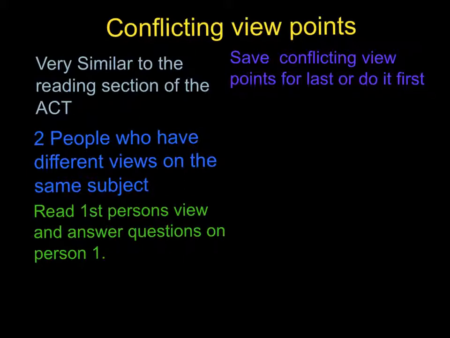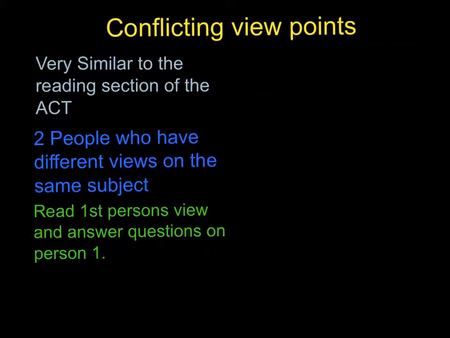Usually there's only one conflicting viewpoints passage on the entire ACT. Usually it's in the format I just described, but sometimes, like happened to me, there will be more than 2 people who have different viewpoints.